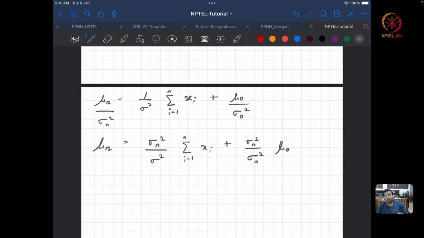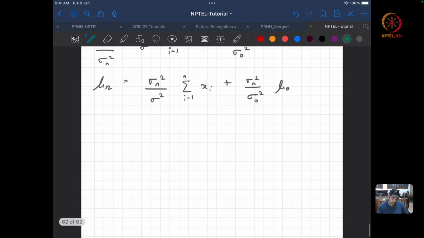Therefore, I'll be using the mode, which is the maximum a posteriori, the same as the mean we have computed. This means the MAP estimate mu n is a convex combination of the MLE estimate for mu and mu naught.